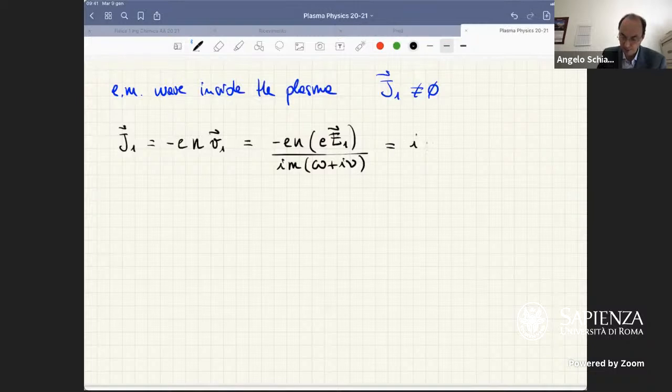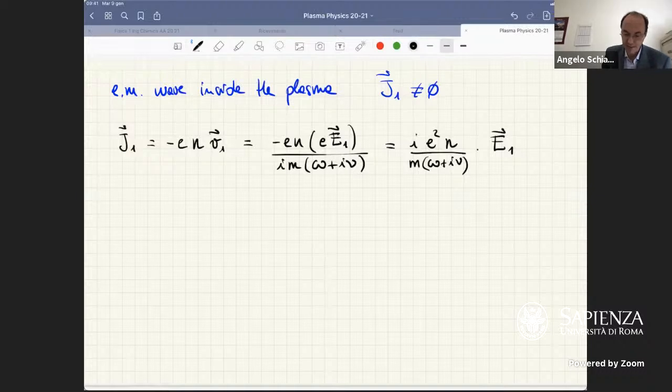Then we have e squared, and we have the density of the electrons divided by the mass of the electrons, and omega plus i nu times the electric field. Okay, this is the J, the current density.